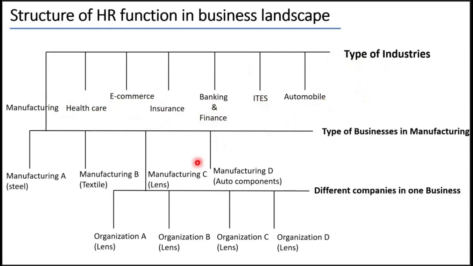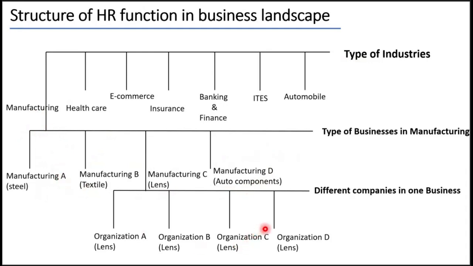And in one industry, let's consider manufacturing, for instance, we have steel, textile, lens, and auto components. Meaning in one sector, one industry, we have different businesses that come under that particular industry.